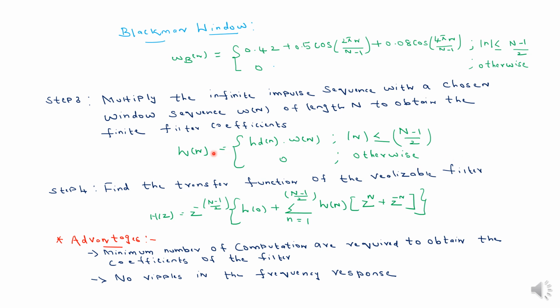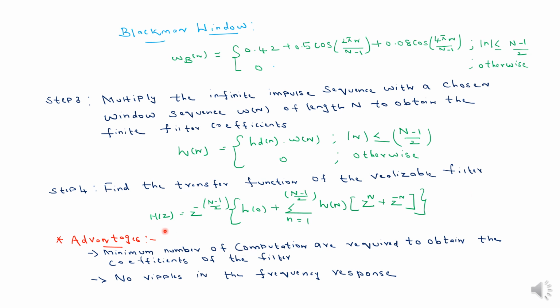After finding the finite impulse response sequence, we move forward to step number 4. Step number 4 is to arrive at the transfer function of the realizable filter.